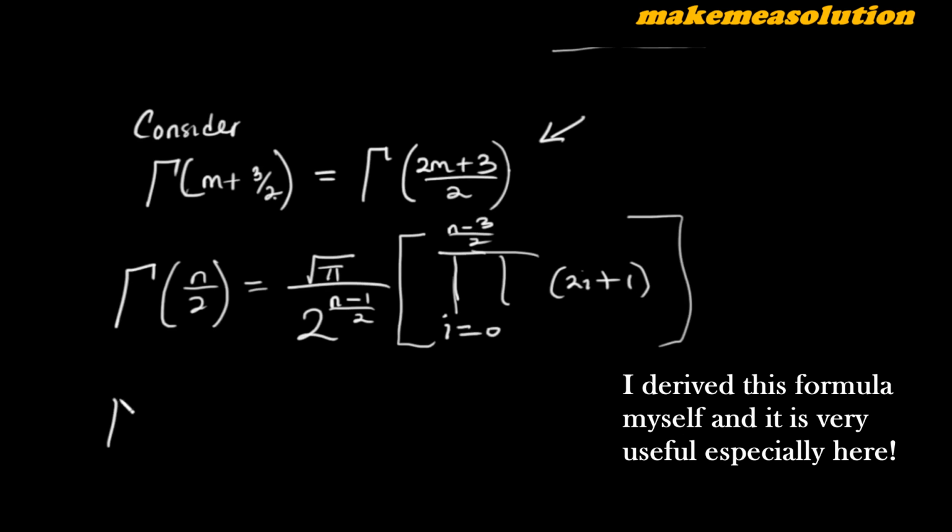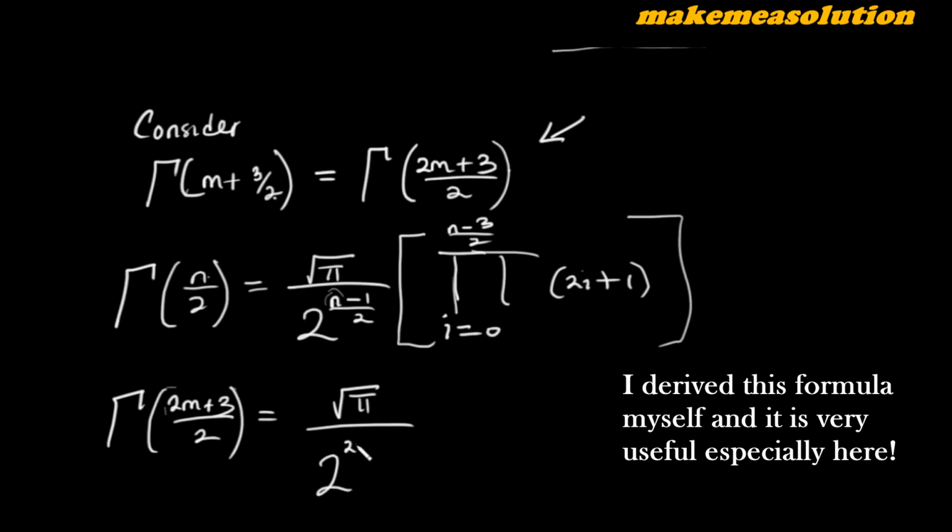So in using this formula, our gamma of (2m plus 3) over 2 can still be expressed as root pi all over 2 to the power of (2m plus 3 minus 1) over 2, wherever I see n, I'm taking 2m plus 3 to act as n.